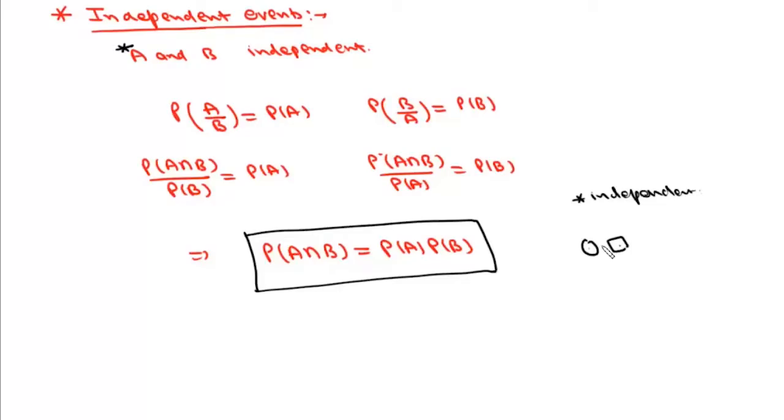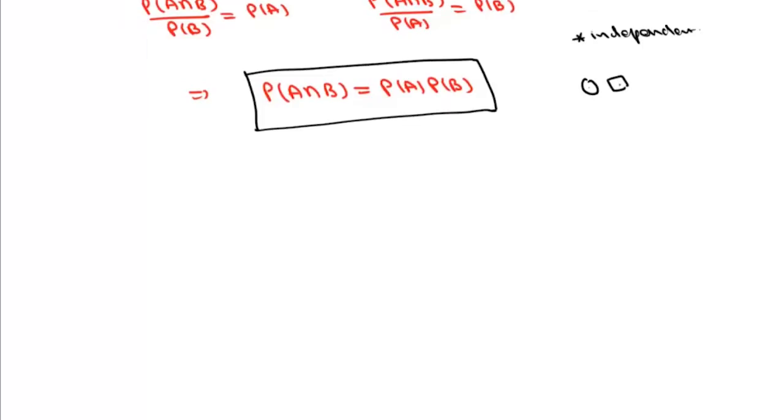Now if A and B are independent, then we know the condition is P of A intersection B equals PA into PB. Now from this condition, we can determine independence of A naught and B also. So if we have to write probability of A naught intersection B, we know that it is probability of B minus probability of A intersection B. If A and B are independent, A intersection B is PA into PB.